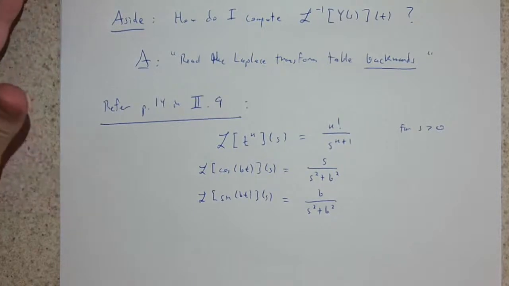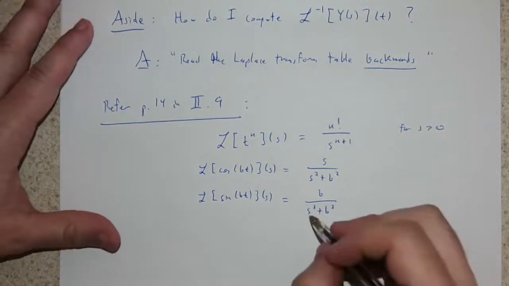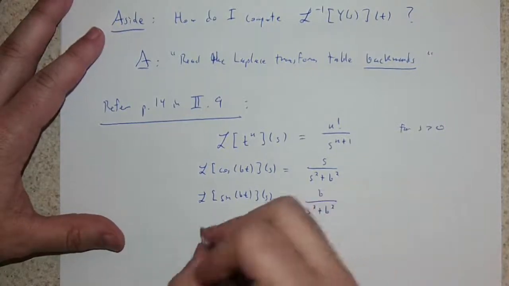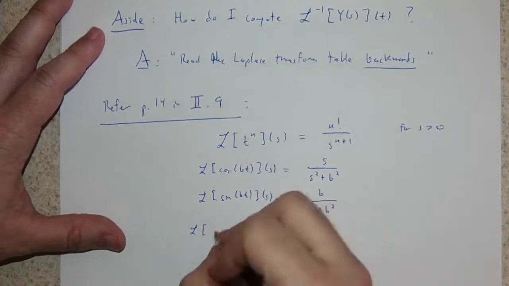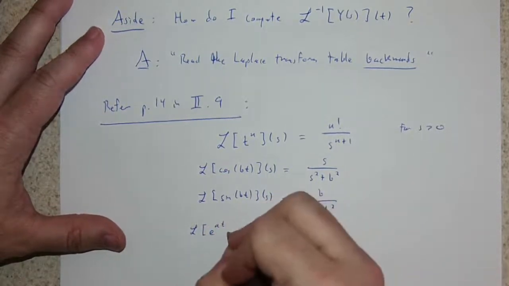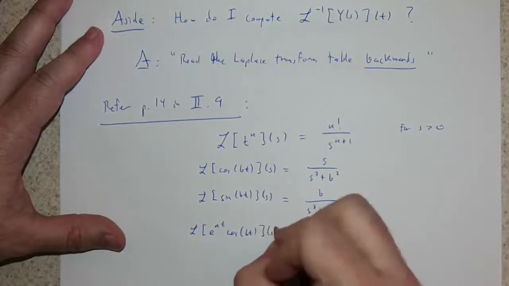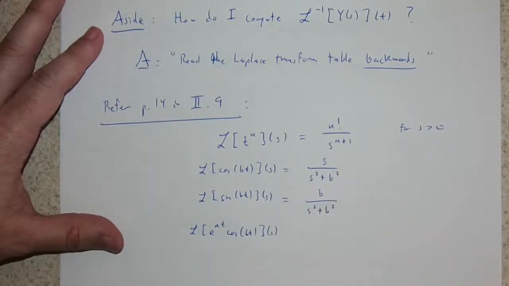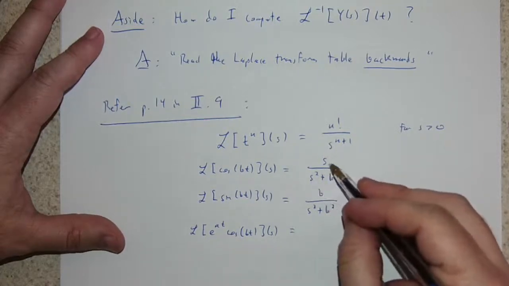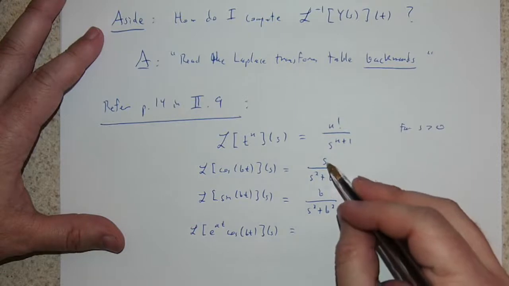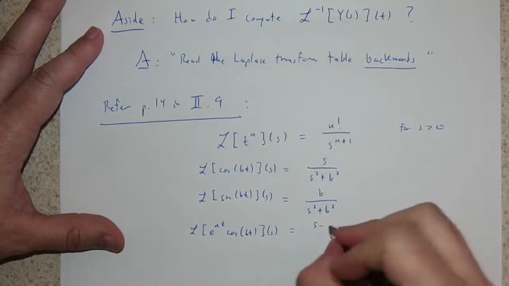And if we do, say, the Laplace transform of e to the at cosine of bt, remember, this is a shift by a, so this turns s over s squared plus b squared into s minus a over s minus a squared plus b squared. So that's exactly what I get here.